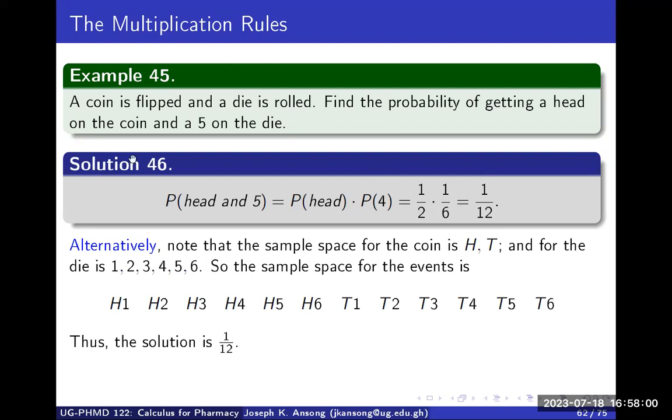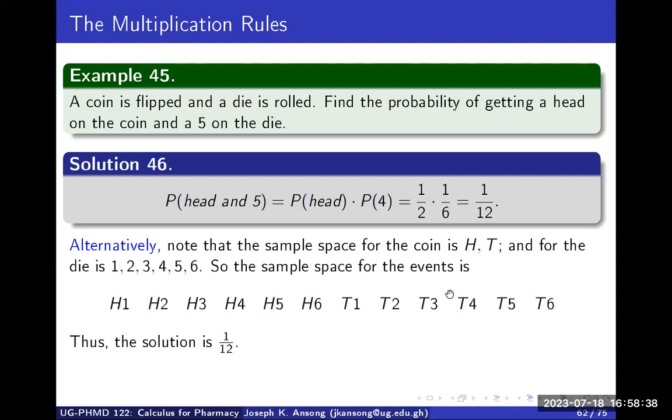You could do it using sample spaces as well. This is an alternative way of doing that. If you flip a coin, you get a head or tail. If you roll a die, you get 1, 2, 3, 4, 5, or 6 showing. If you combine these, you get the sample space for the events: a head with 1 on the die, head with 2, head with 3, up to 6, and you could also have tails.